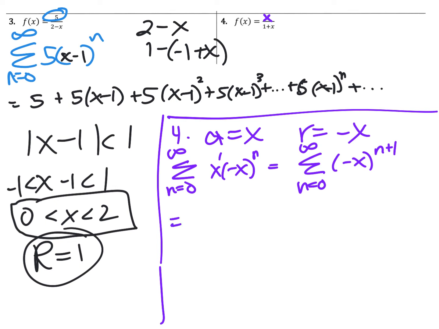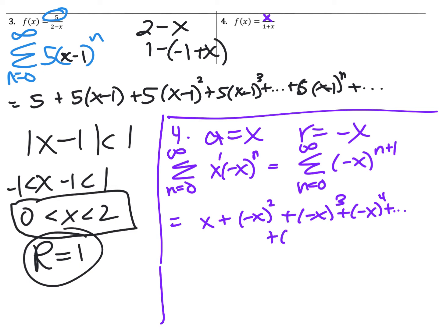So that would be equal to, the first term is x, plus negative x to the second power, plus negative x to the third power. You could also rewrite this as an alternating series, plus negative x to the fourth power. Oh, I don't know why I did that term. That's okay.